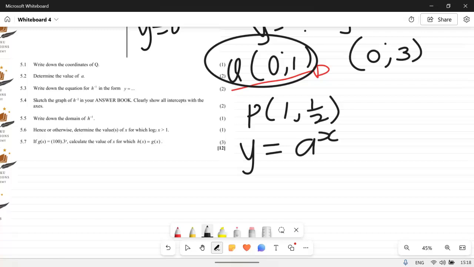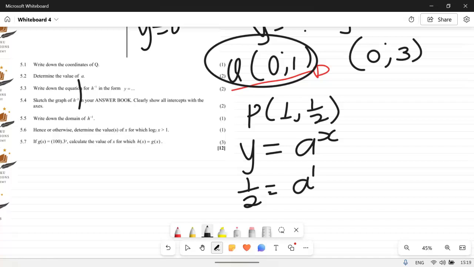Wherever I see x, I'll put 1, and wherever I see y, I'll put 1 over 2.